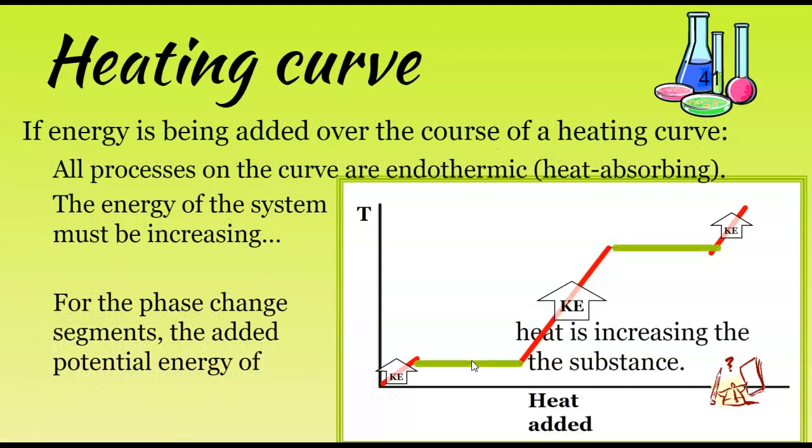When I flatten out, that's potential energy. When my phases are changing, remember, no temperature change is occurring, but I'm changing phases. As I do that, you have that potential to be able to add more energy, that potential for the increase of temperature. So the flat lines are potential, kinetics are going up.